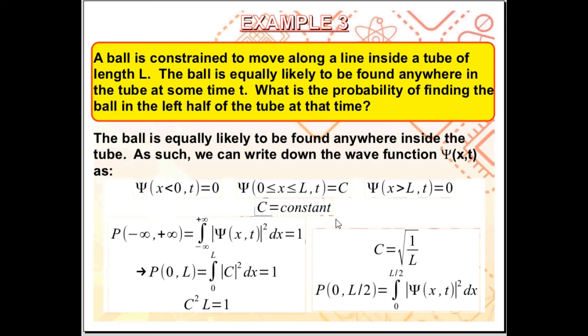Now that we know the value for the constant c, let's take a look at the probability of finding the ball in the left half of the tube. So from 0 to L over 2, the left half of the tube. Again, the probability equation: probability density times dx, integral from 0 to L over 2.